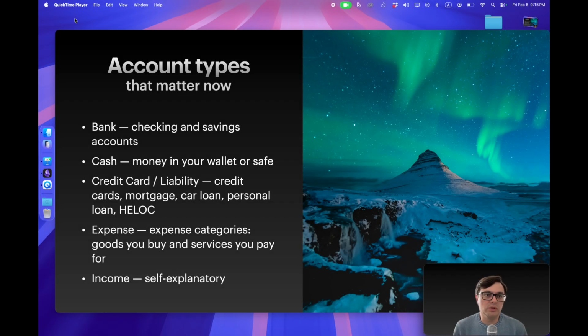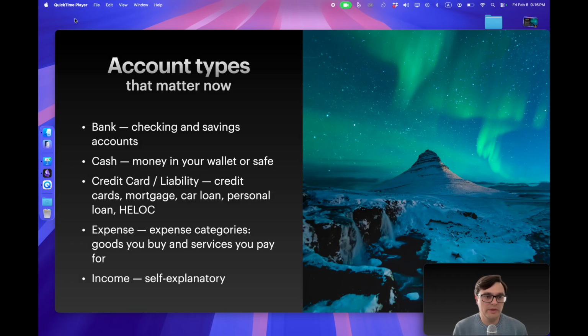Okay, so GnuCash has a lot of account types, but I don't think we need them from the very get-go. I think the types that are listed here can fit almost any financial situation in the world, at least if you're talking about personal finance.